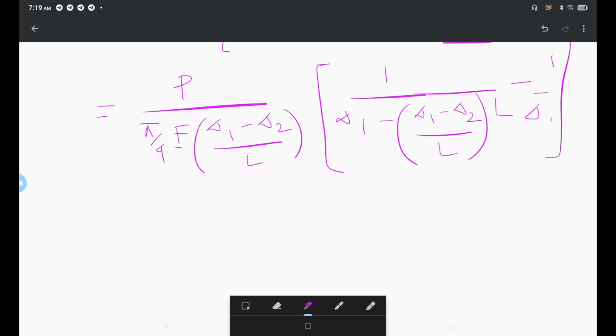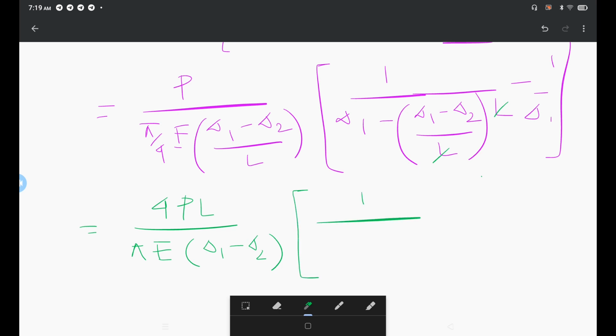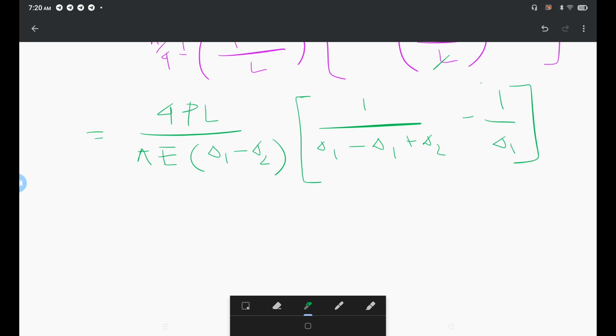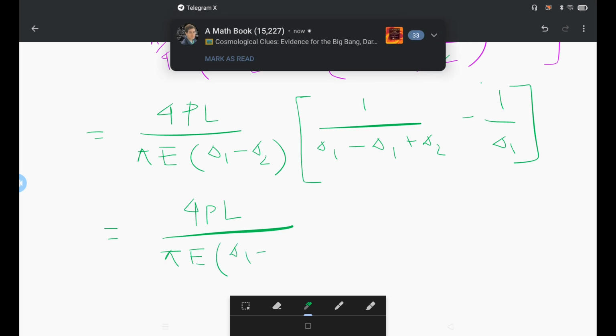Now here L will cut out, and here 4PL upon pi E, (d1 minus d2), where 1 upon (d1 minus d1 plus d2) minus 1 upon d1.